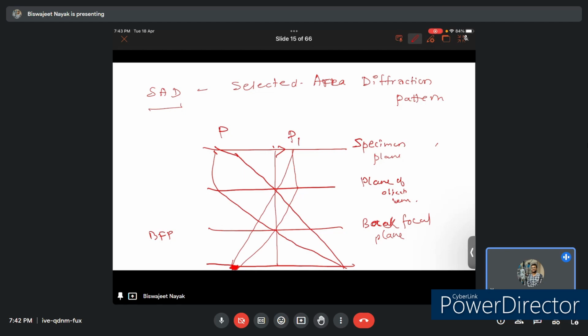So here P is the diffraction spot position for a perfect lens, and here we'll say C is the spot position with some spherical aberration. So there will be some distortion we'll find at the image plane.